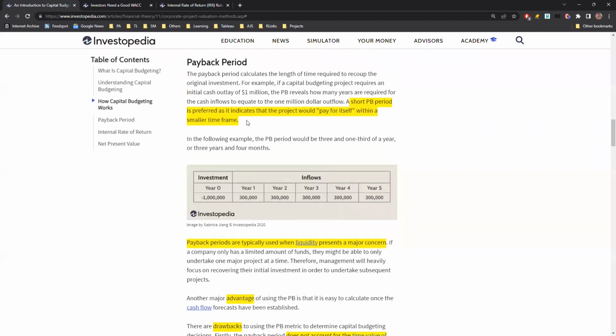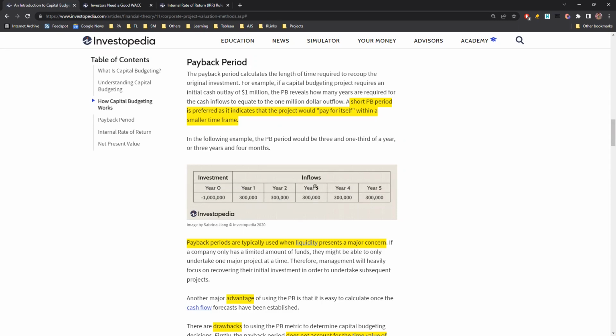So let's talk first about the payback period. As we discussed in the definition, payback period is the amount of time it takes to recover your initial investment. Here, for example, we are investing $1 million in year 0, the time at which you invest, and for the following years, every year you make about 300,000.